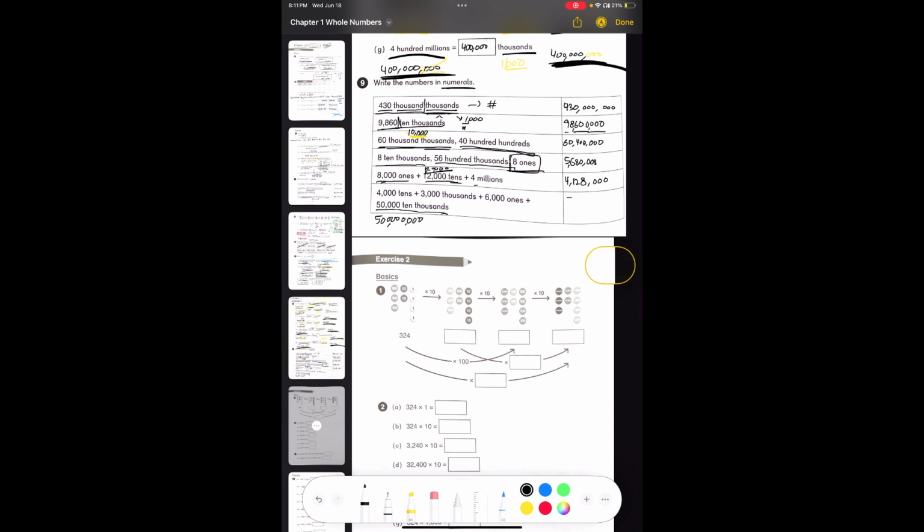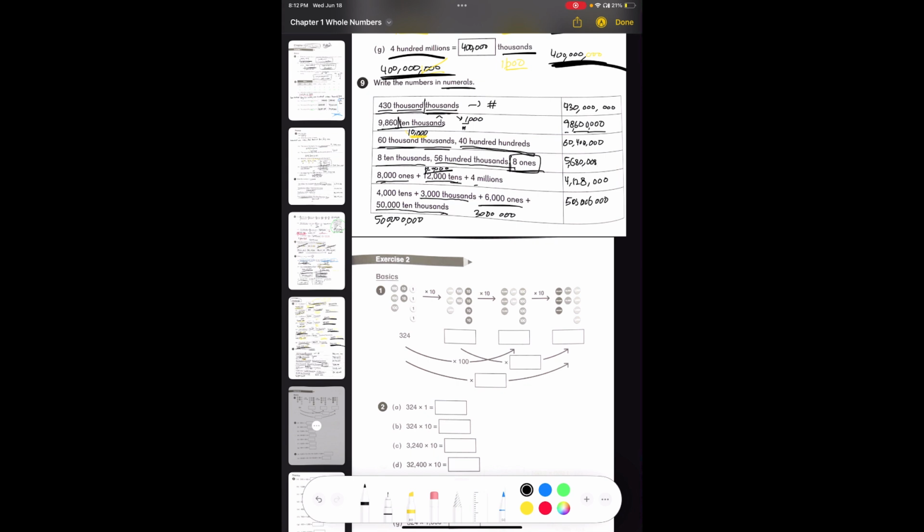So we're going to write down 500 millions. 6,001, so this becomes a 6. 3,000 thousands is just 3 million, so the millions place becomes a 3.